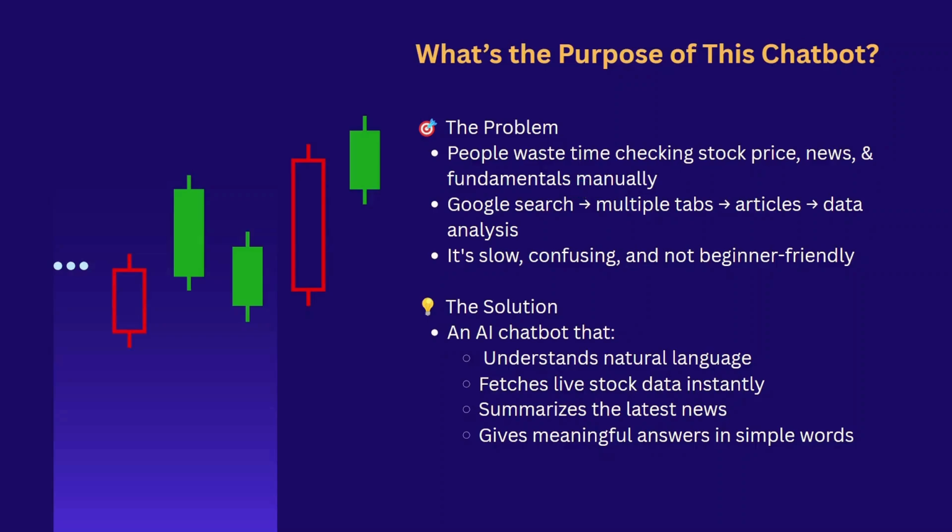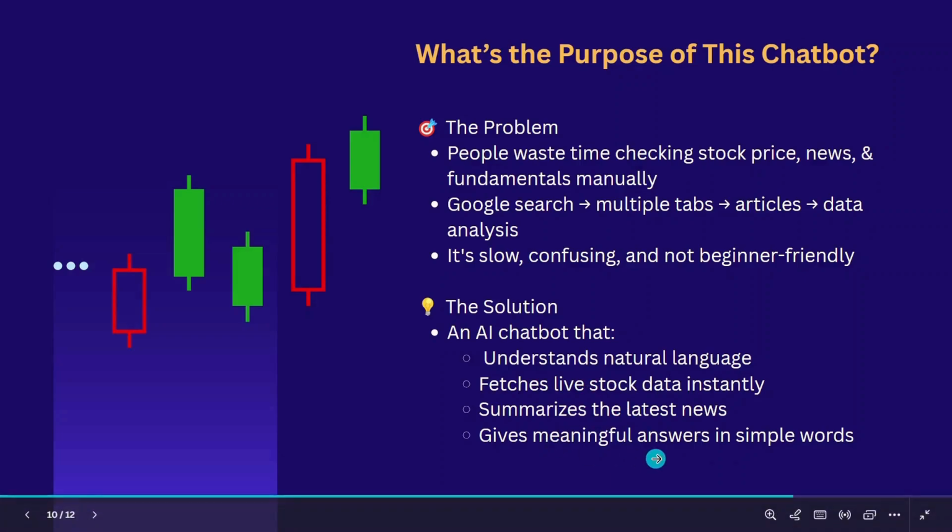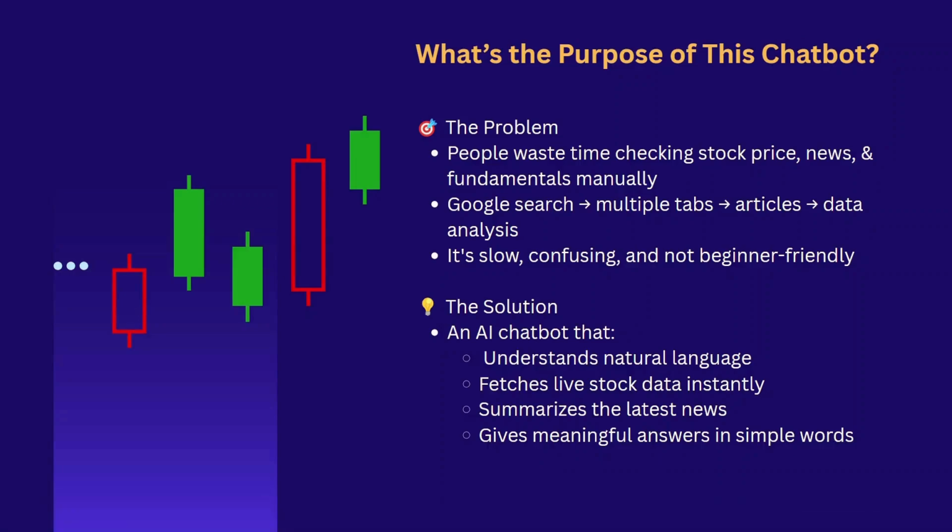So the problem is the process is slow, confusing, and not beginner friendly. So I decided to build a generative AI powered stock market chatbot that understands natural language. It fetches live stock data instantly, summarizes the latest news, and gives meaningful answers in simple words. So finally, the idea is simple: make real-time stock market insight as easy as chatting with a friend.